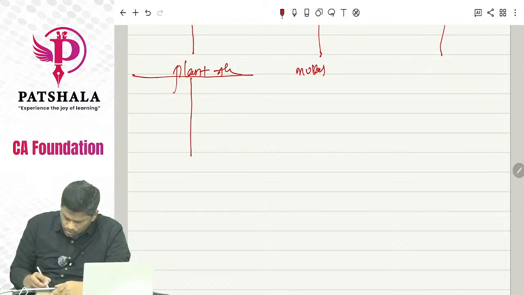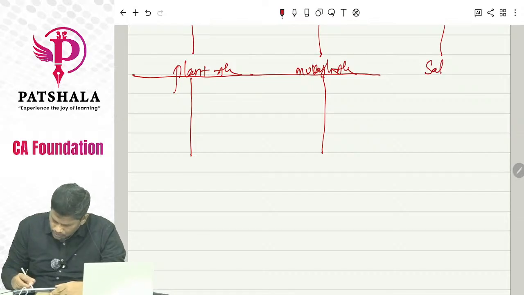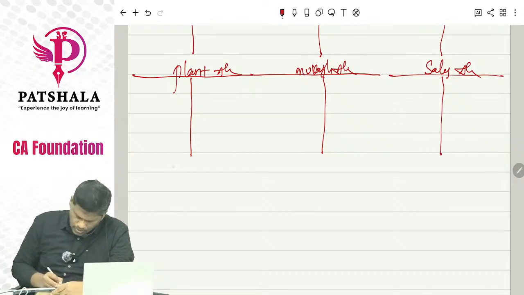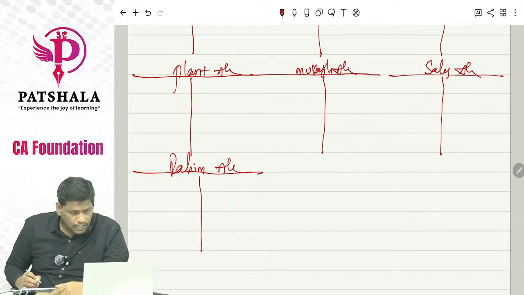Mukesh. Cash వద్దండి. Sales, Rahim. After that, Rahim became insolvent.